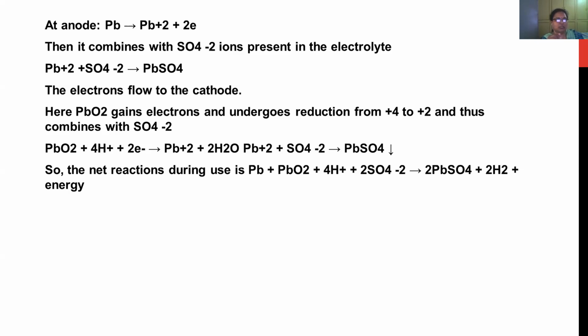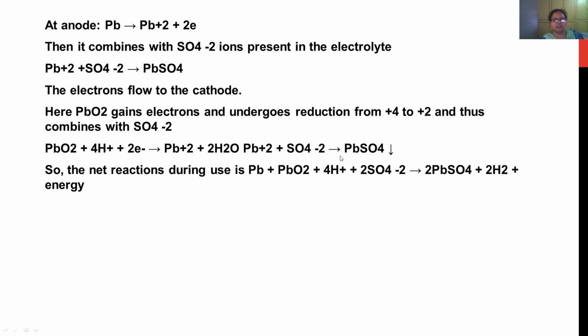While charging, the anode becomes the cathode and the cathode becomes the anode. So you can write the reverse reaction here, that is PbSO4 giving rise to Pb2+ plus SO4 2-.